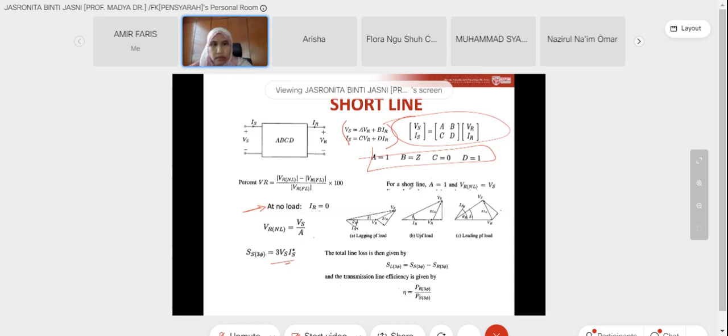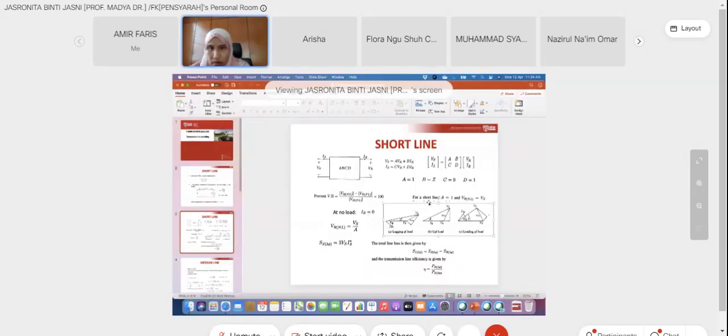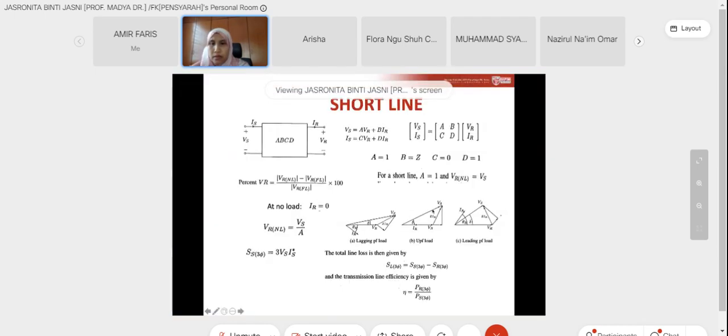So this is the power triangle for the short line: the lagging power factor, unity power factor, and leading power factor.